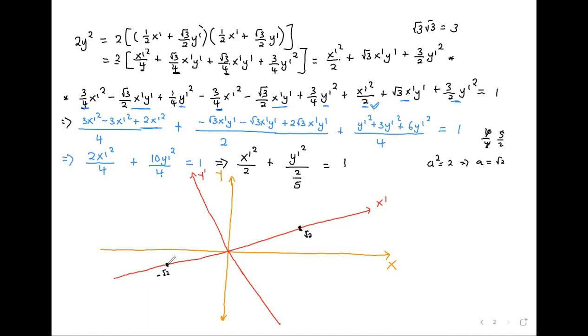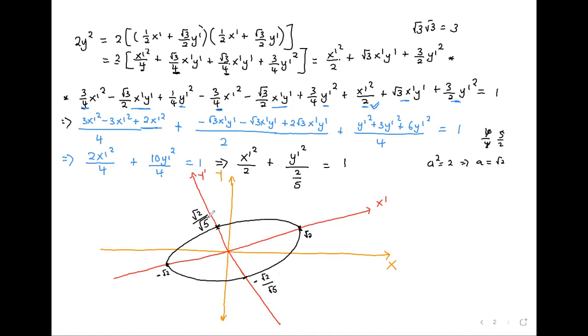The other one is the root of 2 over root of 5, so that I can have a sketch. Here where it cuts, it's the negative root 2 over root 5, and a positive root 2 over root 5.